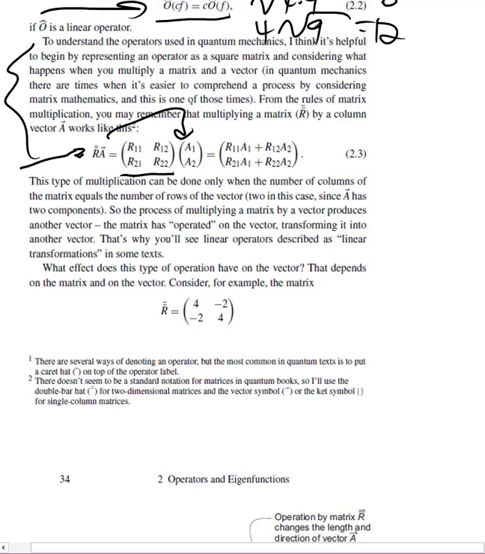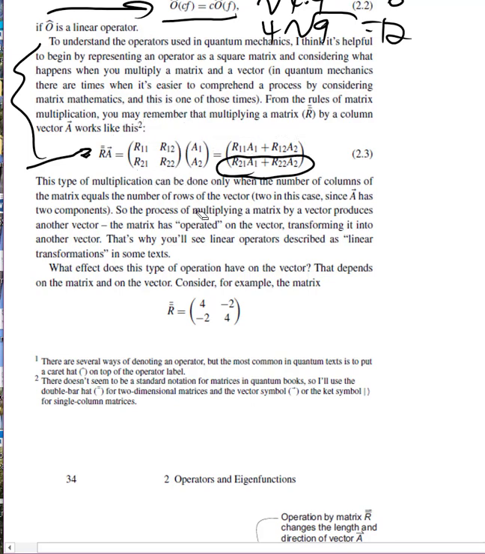Now, I hope you remember how to multiply matrices, or in this case, a square matrix times a column matrix. R11 times A1, and add that to R12 times A2. There's what that gets us. Now, take the bottom row, multiply that by A1, this by A2, there's the second one. So let's clean this up again and look at what we've got here.